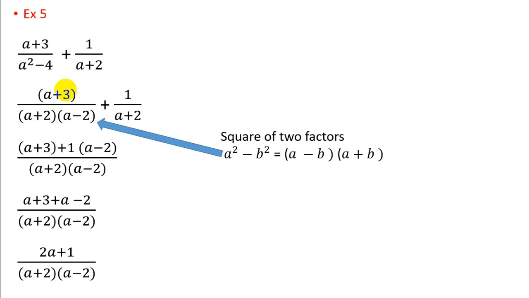So it is very important when you are solving algebraic fractions, not only knowing LCM but also you should know factors of the algebraic expressions, which is also a must to know in order to solve this problem.